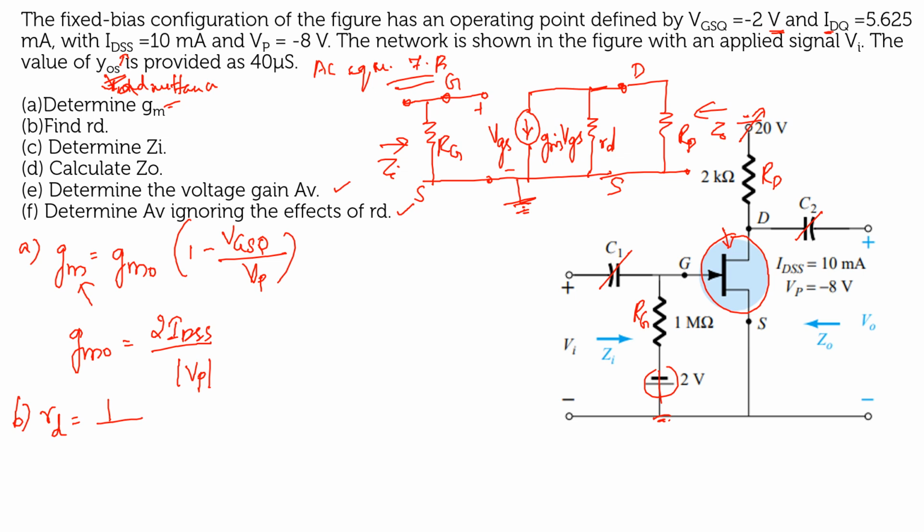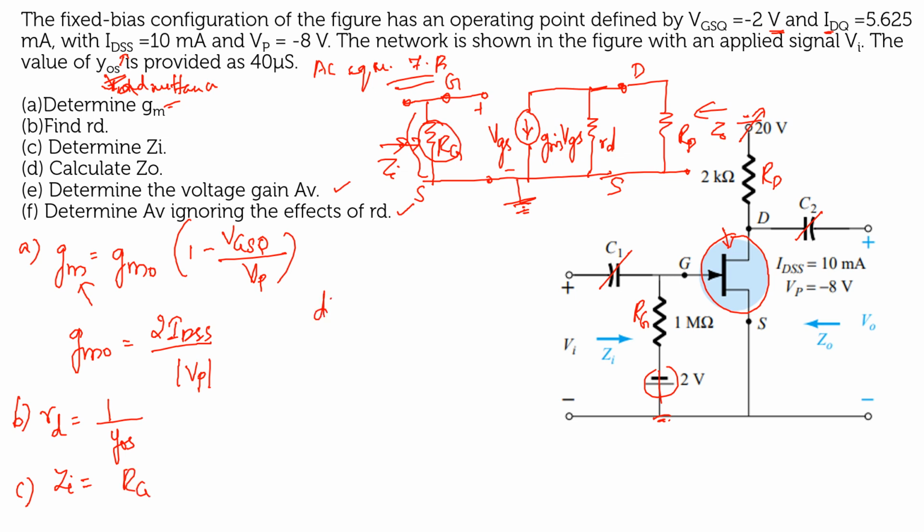Okay, so you know that your output admittance YOS is equal to 1 by output impedance, right? So I can write that rd is equal to 1 by YOS directly. Next, third one, find out the value for Zi. So by seeing the circuit, you know that input impedance is equal to your resistance RG directly, right?